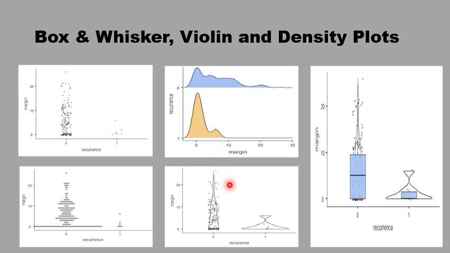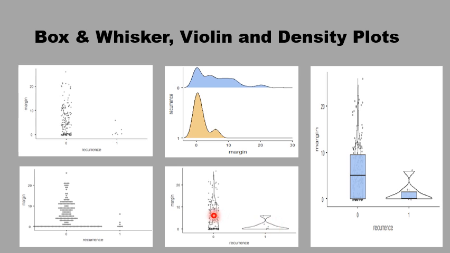If you want to get some more information, you can use the violin plot for the two in here, and you could see clearly that the violin for those who did have a recurrence is very wide indeed at the beginning, with a narrowing after this and a small amount of outliers at the end.